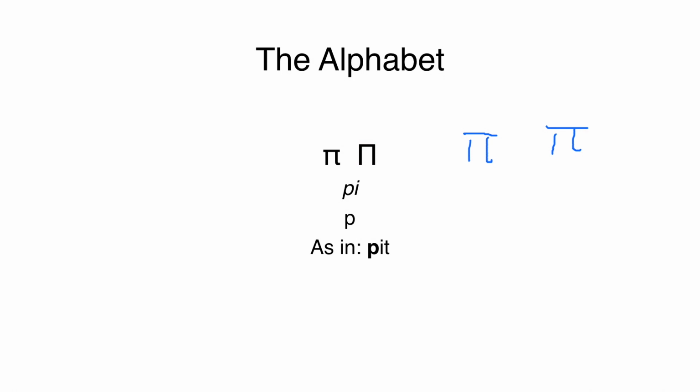In both pronunciation systems, this is a straightforward P, as in pit. Although, actually in the modern pronunciation, sometimes you can have a slightly softer P sound, as in B. But for now, it's not worth distinguishing that. So this is pi or P.